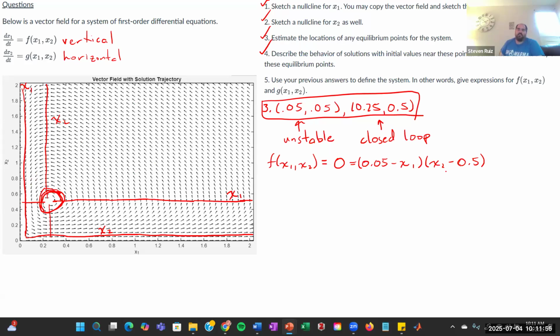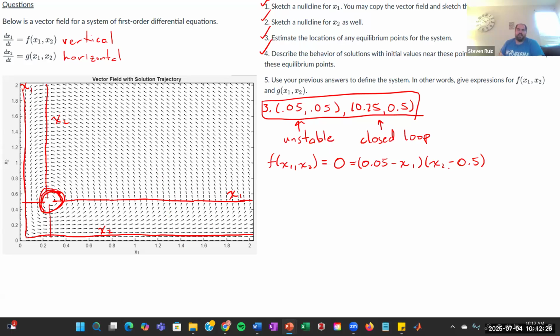Let's make sure of the same thing with x2. So 0.5, if I go above that, it looks like no matter what, actually that's not true. If I'm below this line, then are my slopes pointing right or left? They're pointing right. And if I'm above this line, the slopes are pointing left.